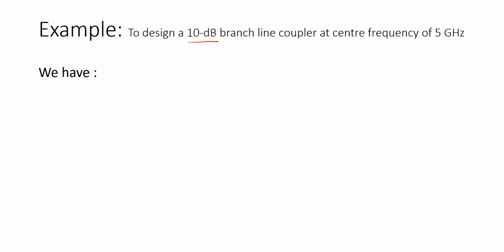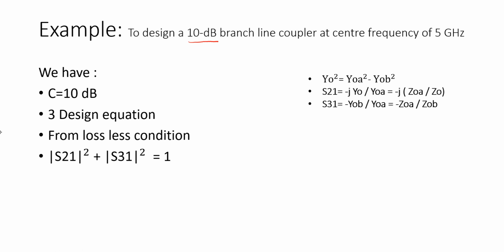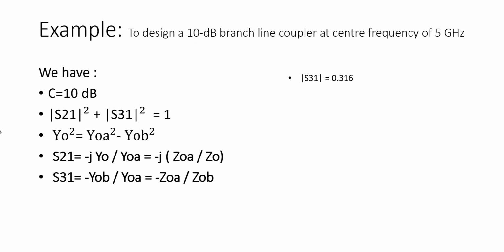Let's revive what we derived in our last lecture. We derived C equal to 10 dB. We have three design equations, and after that we got S11 to be 0.316 and S21 to be 0.949, and we need the impedances.